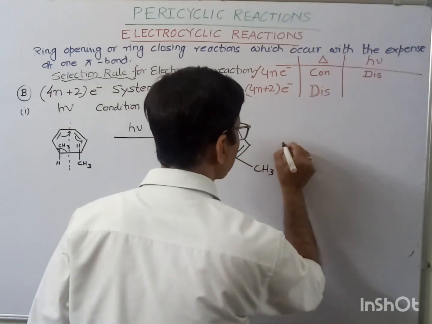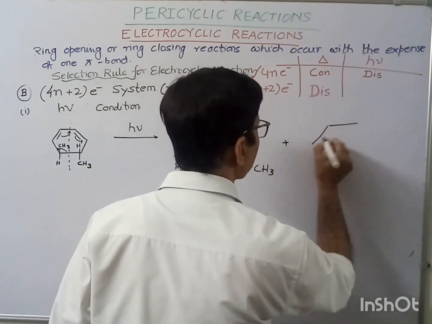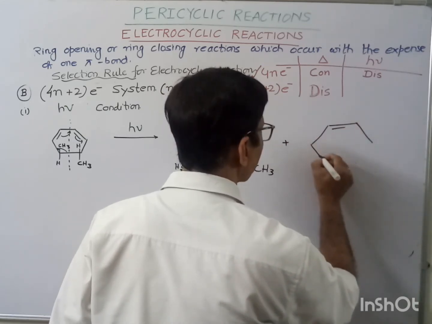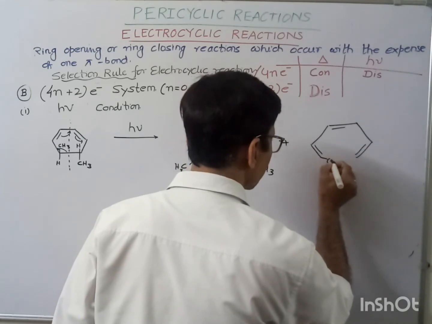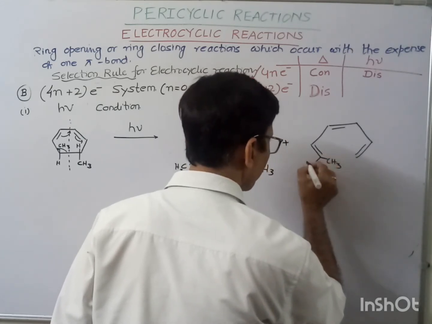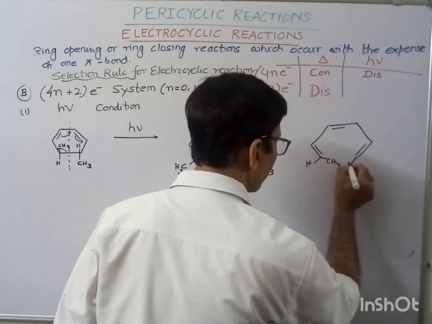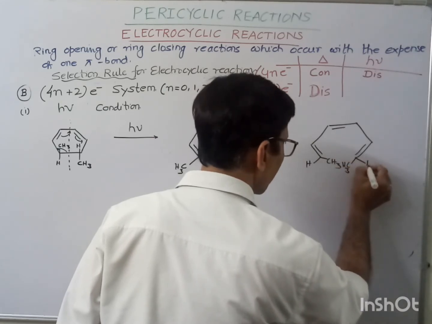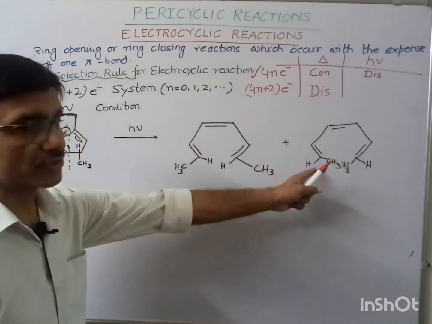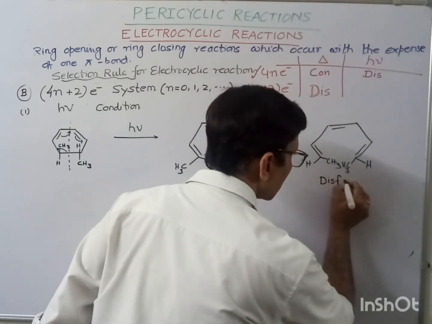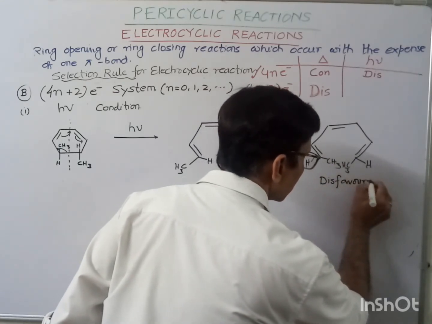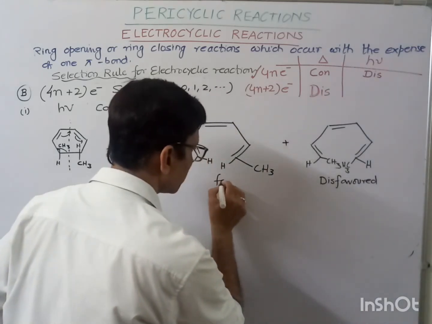Either this product or you will obtain this product. Experimentally this product was seen. As you can see, this is the sterically hindered product, so this is disfavored and this is the favored one.